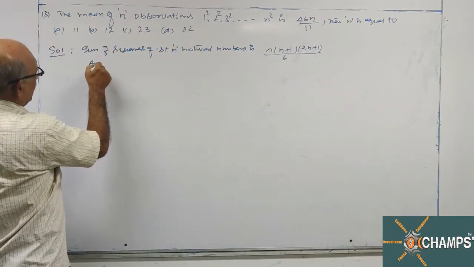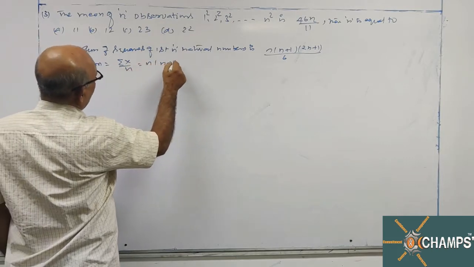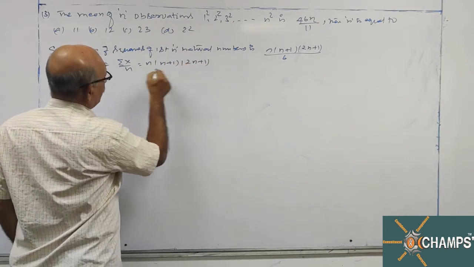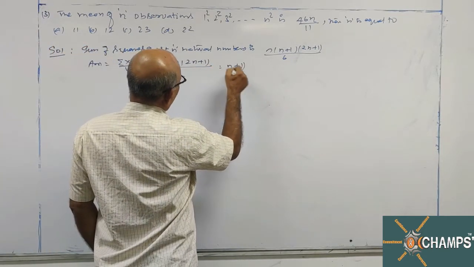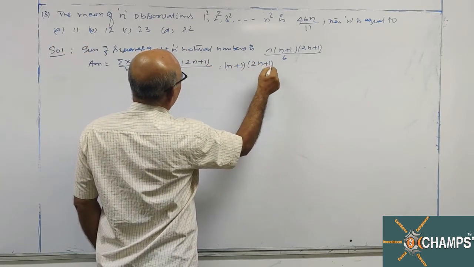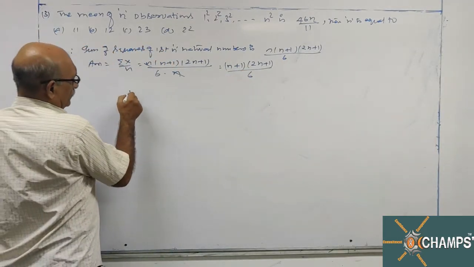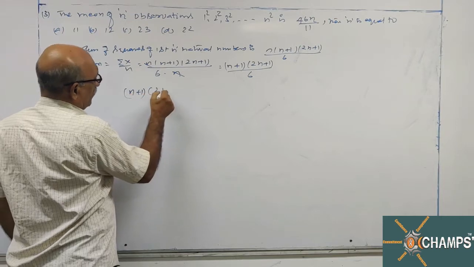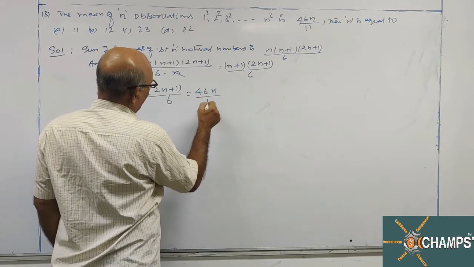So arithmetic mean is equal to summation of x by n, which is n into n plus 1 into 2n plus 1 by 6 into n. This is n plus 1 into 2n plus 1 divided by 6. So, n plus 1 into 2n plus 1 by 6 is equal to 46 n by 11.